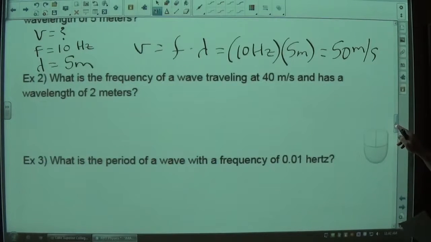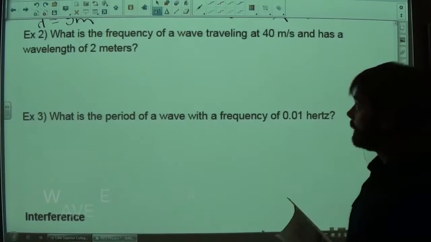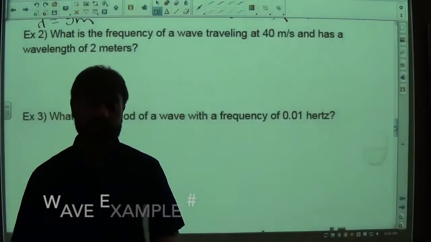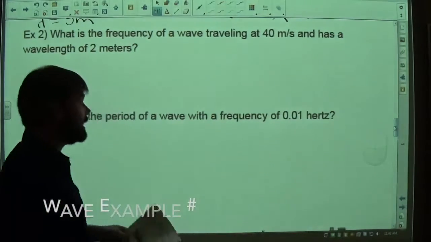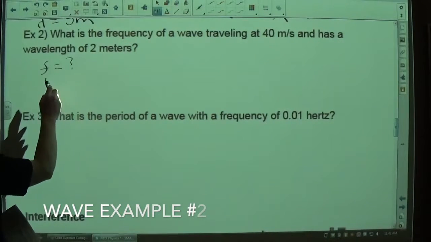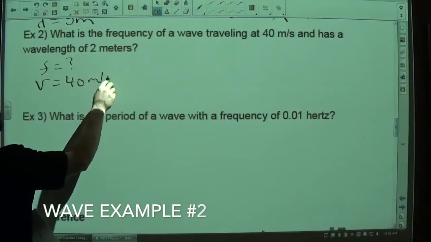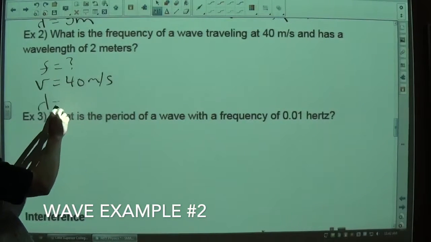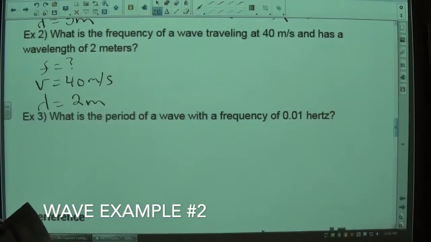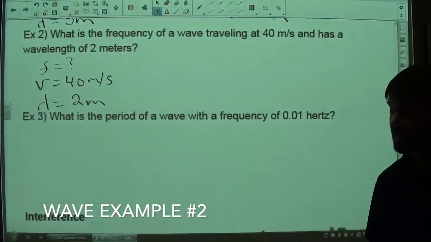For example number 2, they're asking what is the frequency, so that's your unknown, of a wave traveling at a velocity of 40 meters per second and has a wavelength equal to 2 meters. So again, we got some common variables there, but the equation that we have to use is rearranged a little bit from the previous.